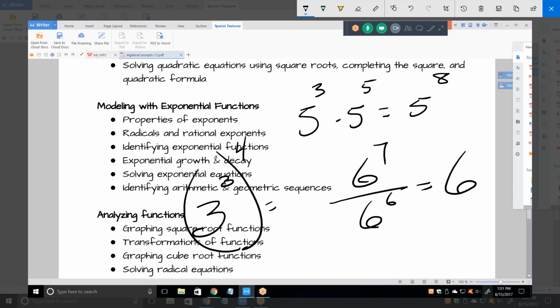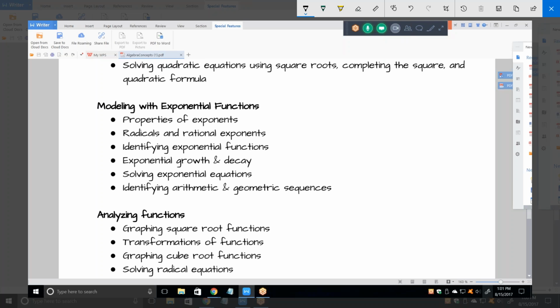It would be 3 to the 12th. Perfect. All right. You understand that, I can tell. All right. And that's pretty much the properties of exponents. There are a couple of other things that you probably need to know. Let's talk about them.